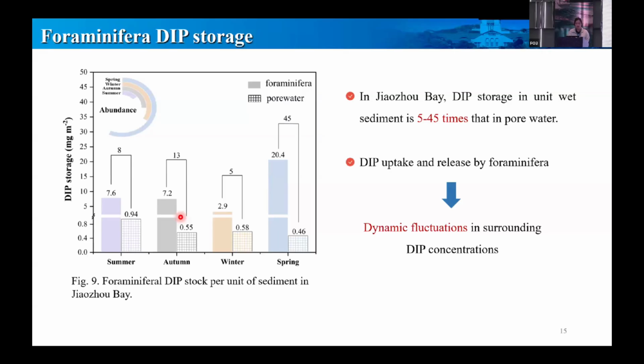Through uptake and release, these tiny organisms can fluctuate local DIP concentrations on seasonal or even shorter time scales. It means that DIP levels around them can change quite a bit. So foraminifera are really playing an active role in phosphorus cycling.